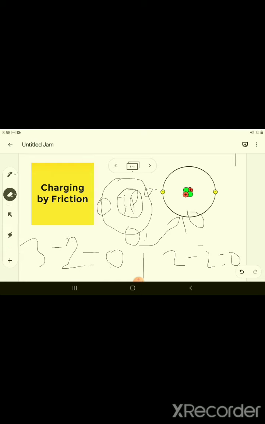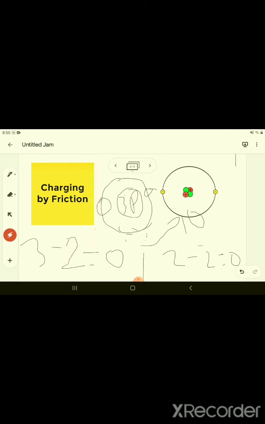So let me scratch this electron away. Now we only have 2 negative electrons represented here by our minus 2.